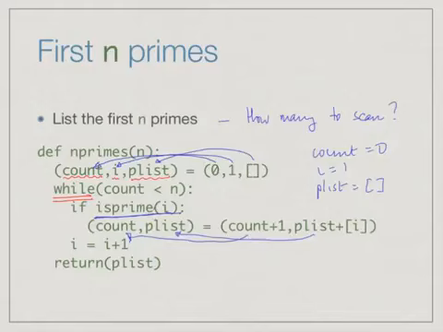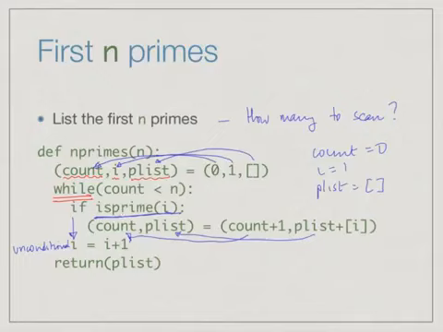In any case, we must go to the next number until we hit a count of n. So outside the if, this is unconditional, we always update. So for each i, we first check if it is a prime. If it is a prime, we update count and we append i to p list. And whether or not it is a prime, we increment i.